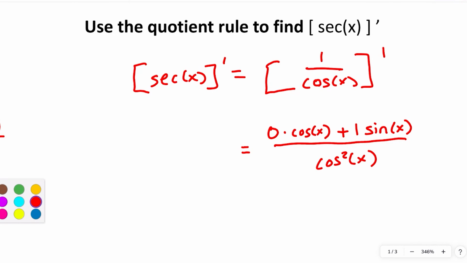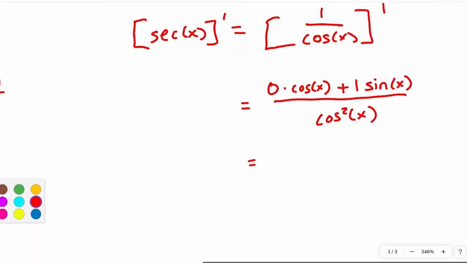All right, now to simplify this, we're going to do a little algebraic trickery here. I'm going to clean up the zeros and the ones and rewrite this as sine x over cosine squared x. And I'm going to separate out this fraction a little bit, split up the cosines in the denominator.